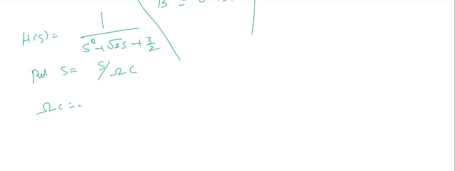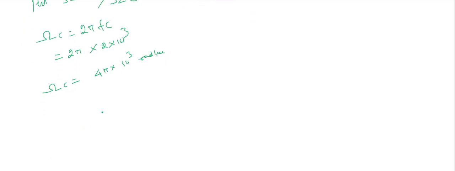What is the omega c formula? 2 pi fc. The cutoff frequency is given as 2 kilohertz, so 2 pi into 2 times 10 power 3. So omega c is equal to 4 pi times 10 power 3 radians per second. So you can multiply, and you will get the cutoff frequency 12.56 kilohertz.